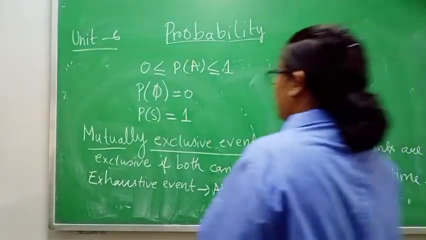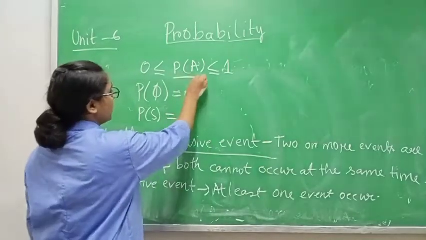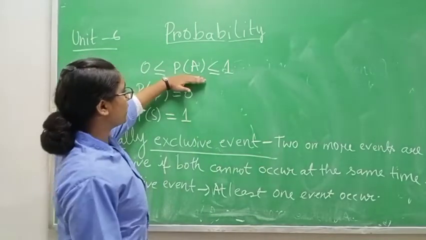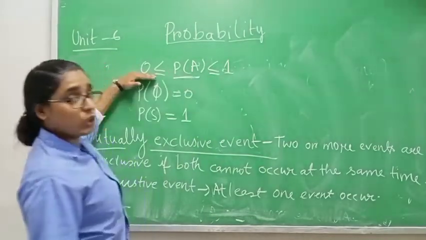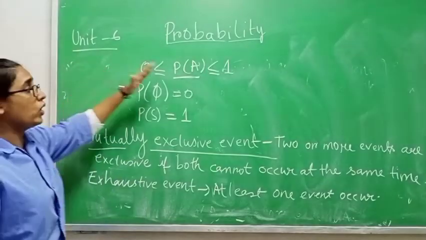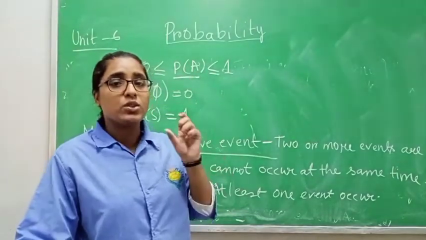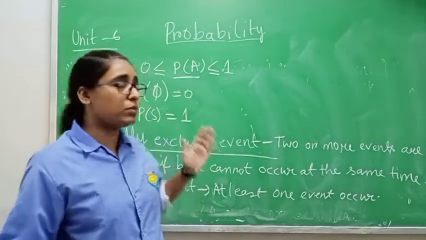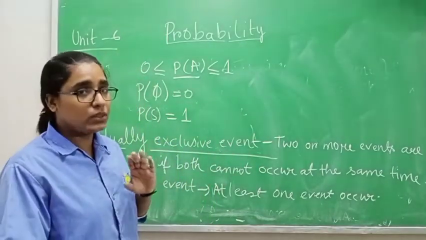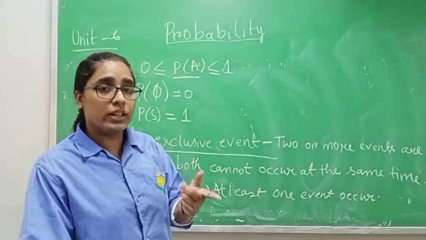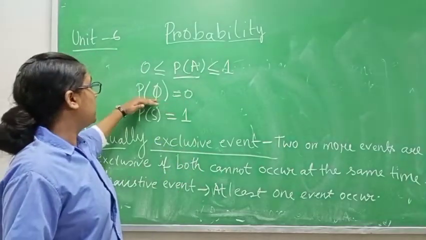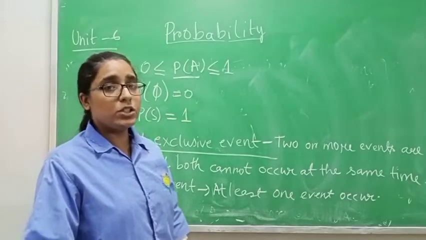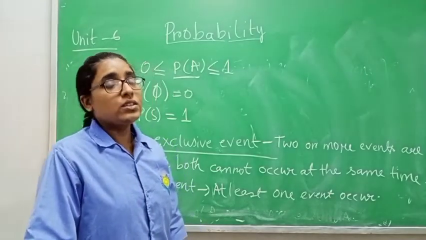Now class 12, see, the probability of A will always lie between 0 and 1. It will not be less than 0 or greater than 1. Its value always lies between 0 and 1. It will never be minus, meaning less than 0, or more than 1. Now P(null) equals 0. The probability of null equals 0.